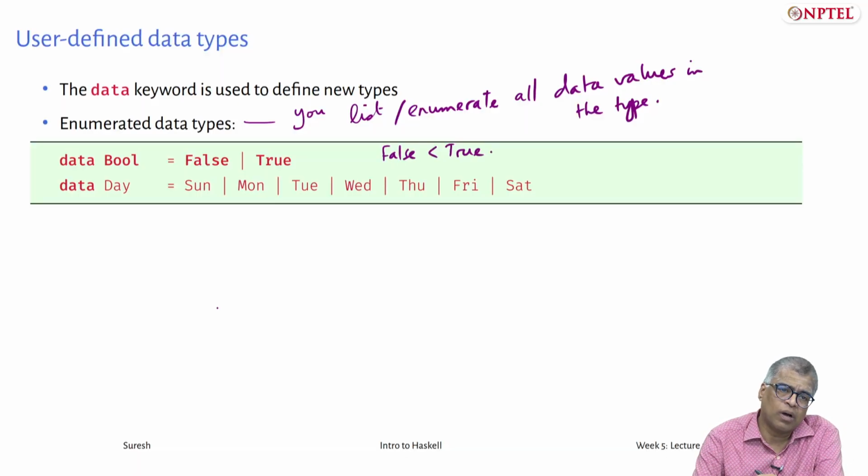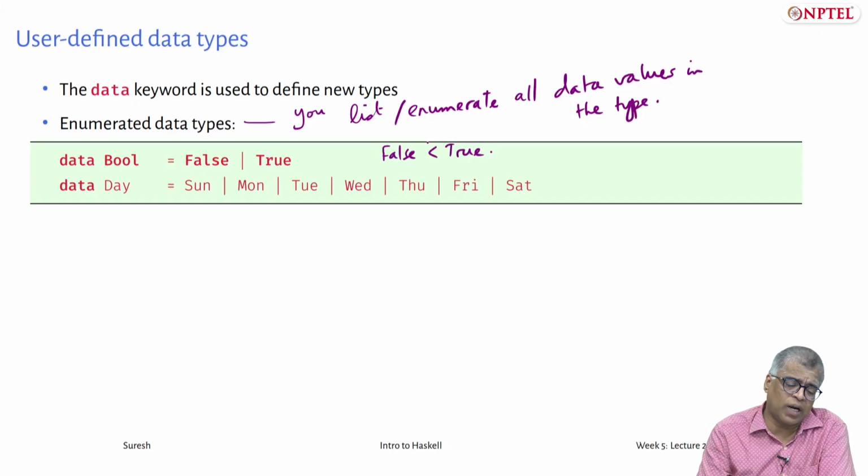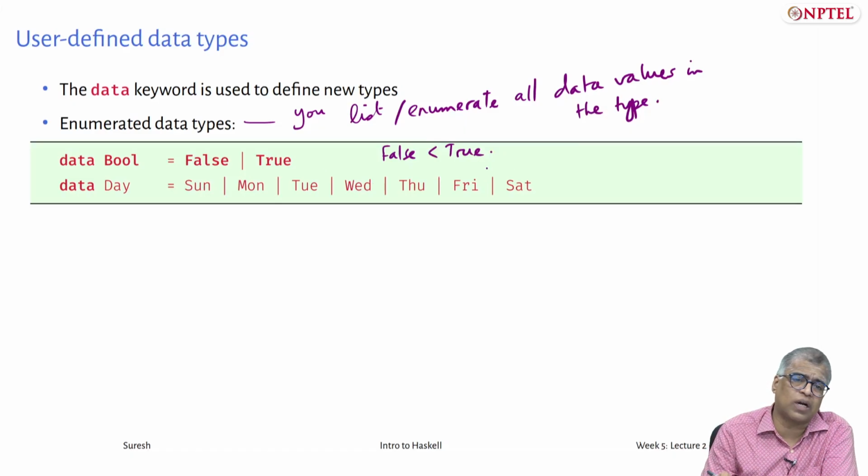That is because that is how it has been defined in Haskell. We will see how to actually make this happen. You can define your own data type. Let's define a data type for Day: Sunday, Monday, Tuesday, Wednesday, Thursday, Friday, Saturday. These are the 7 names of the days. You list all the names and you put this vertical line here.